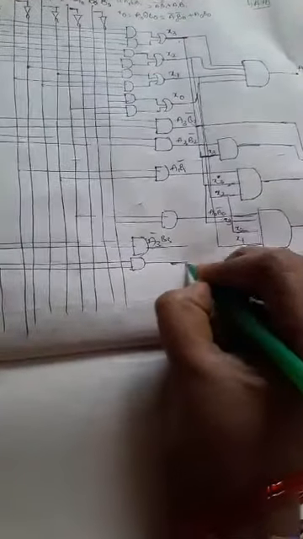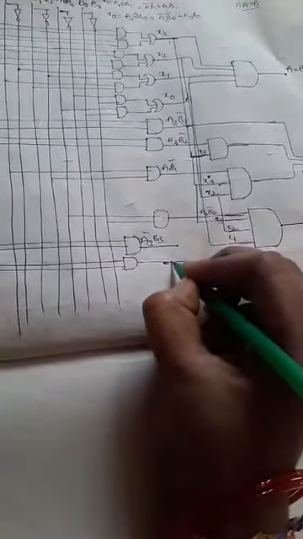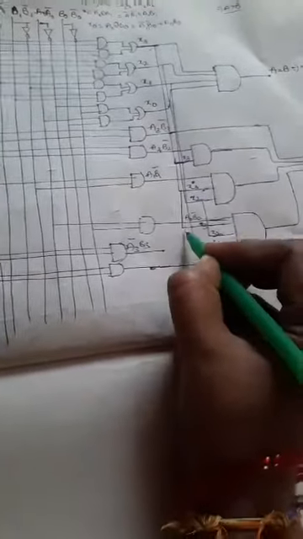A2 complement is here and B2. And this is added with X3 also. For this we need one X3, right? So I have to take X3 from here. This is also X3, so I have to take it from here.